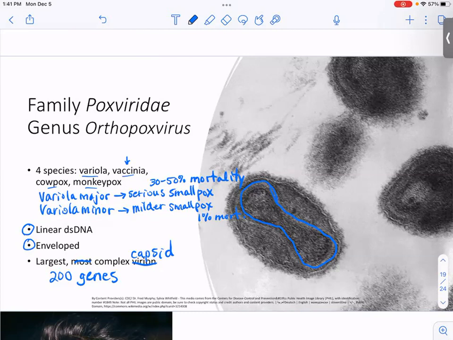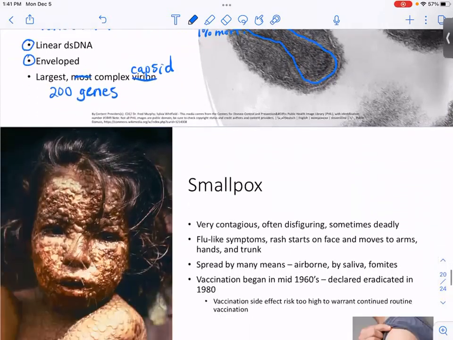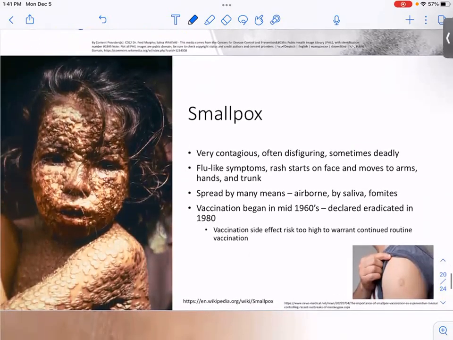All right, are you ready for this picture? This is a really nasty picture that makes me really glad we don't have to deal with this disease anymore. This is the slide where I wanted to add more. How is it transmitted?